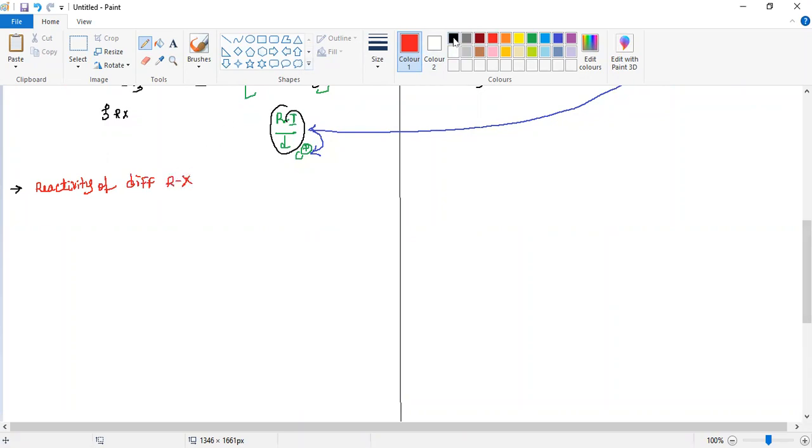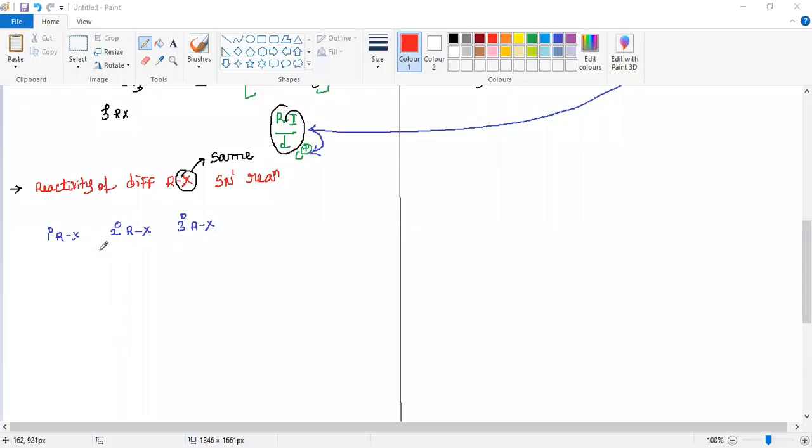If the halogen is the same, then the reactivity of different alkyl halides towards SN1 reaction. So see the order.